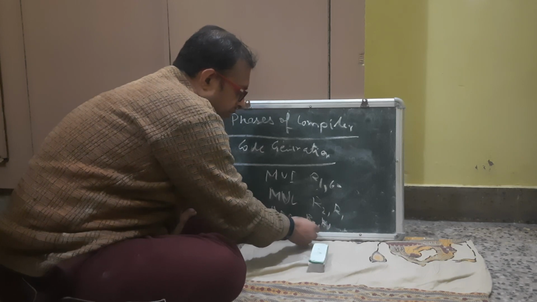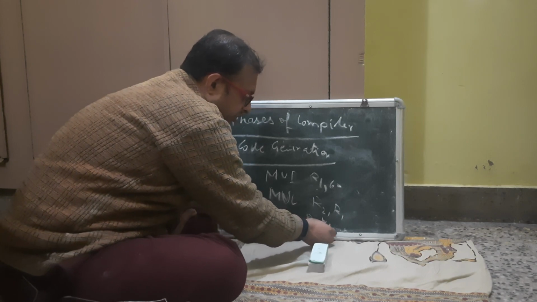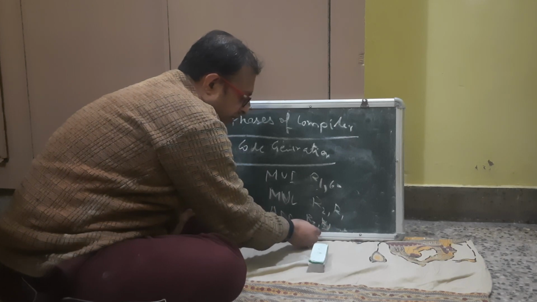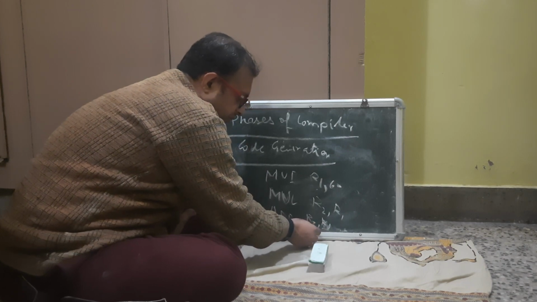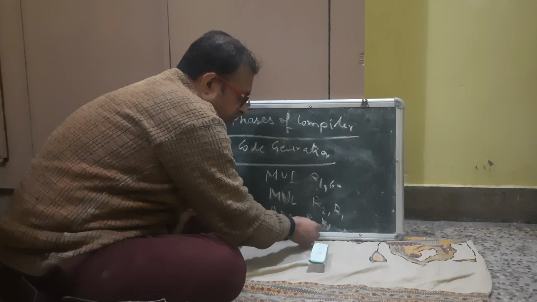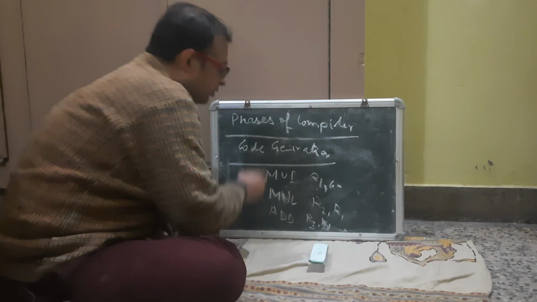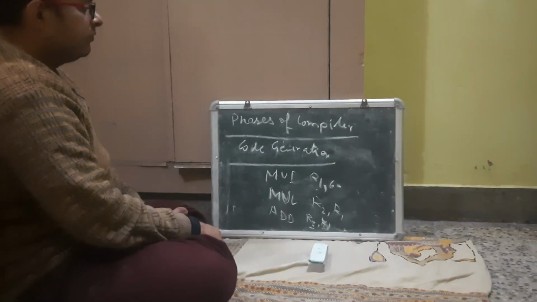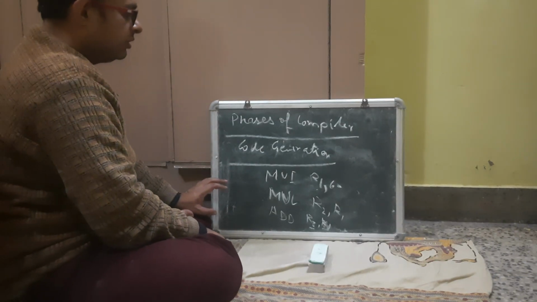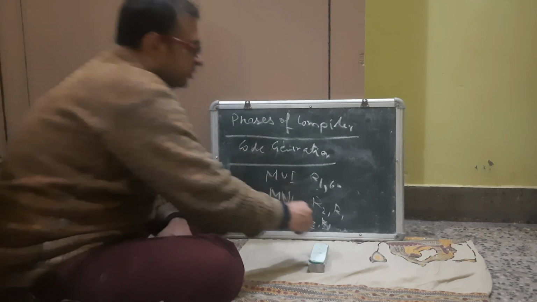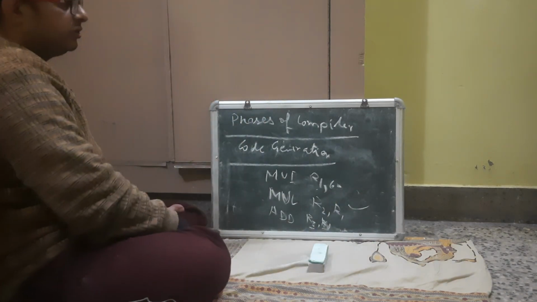So R1 already contains the multiplication, and R3 contains initial, so initial plus rate into 60 we are able to get in register R1. This is the assembly language instruction set for code generation, and this is the output of the last phase, that is code generation. Thank you.